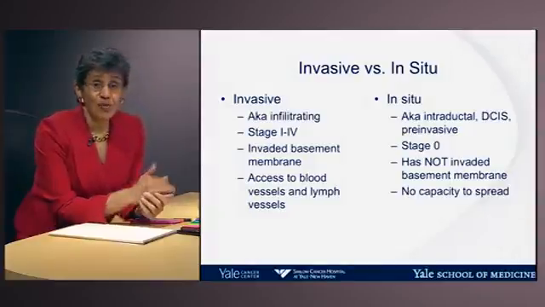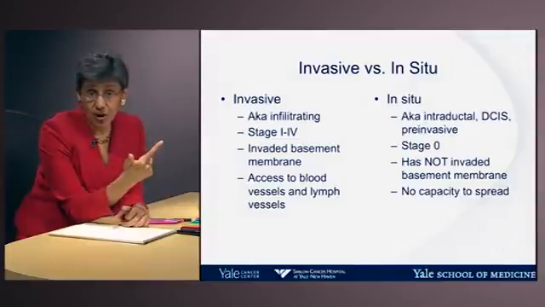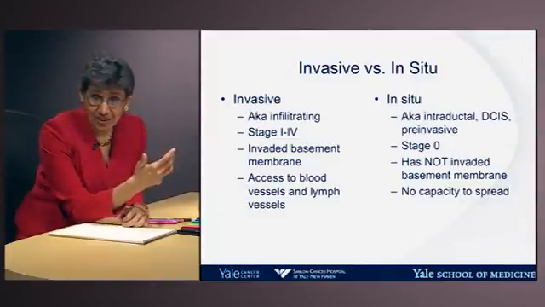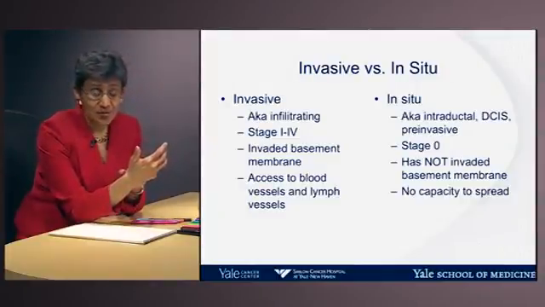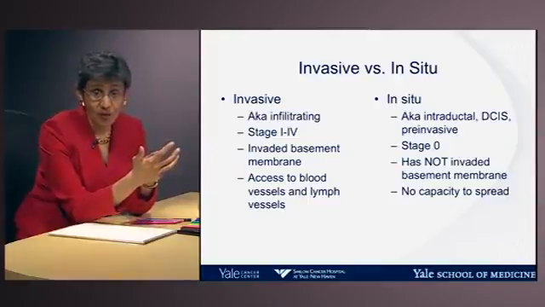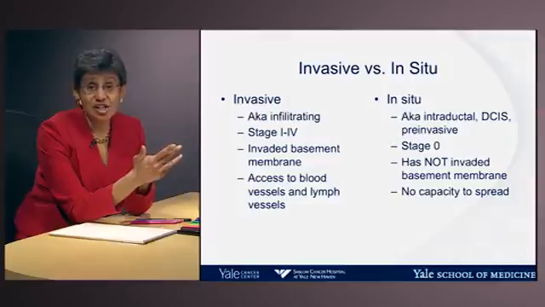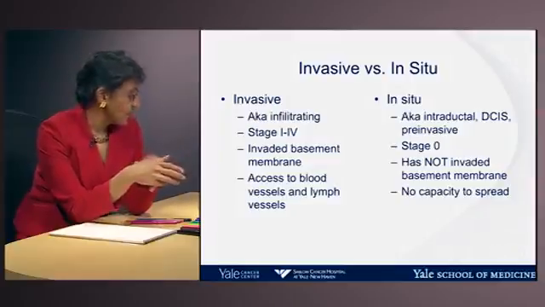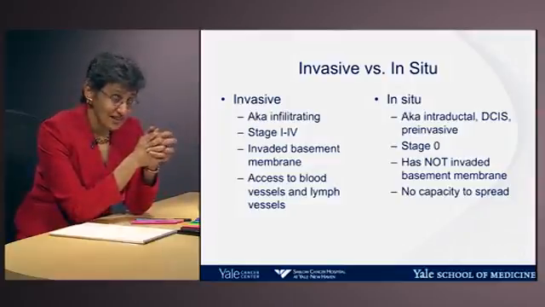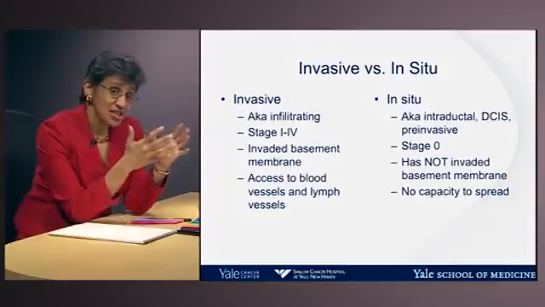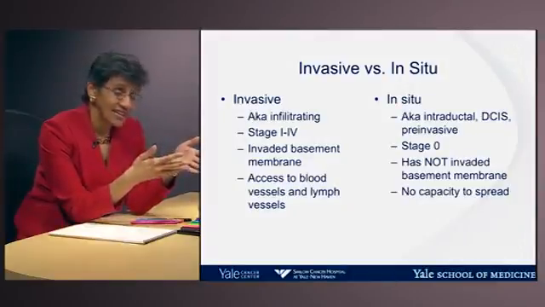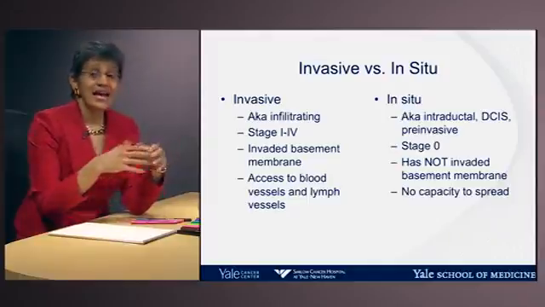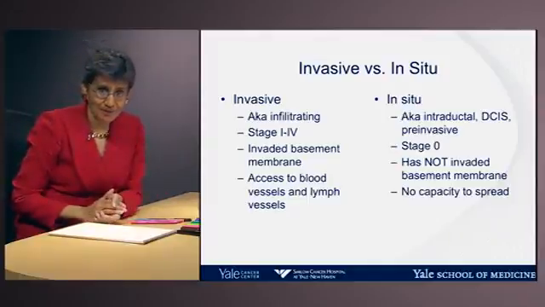DCIS stands for ductal carcinoma in situ. So remember, it comes from the duct. It's a carcinoma because it's an epithelial type cancer, but it's in situ, inside that pipe. They're also pre-invasive. These are stage 0 cancers. They have not invaded the basement membrane and have no capacity to spread.